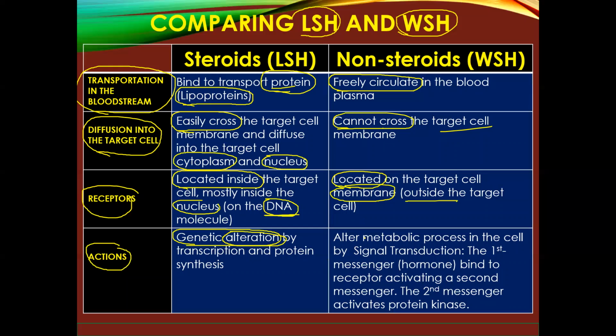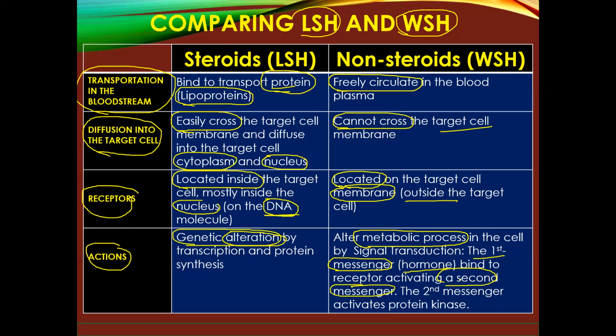For the non-steroid or water-soluble hormones, the action is mostly at the plasma membrane, where they activate metabolic processes in the cytoplasm. Remember, they are unable to enter the cytoplasm. These hormones are also known as the first messenger. It binds to the receptor and activates the second messenger inside the cytoplasm.